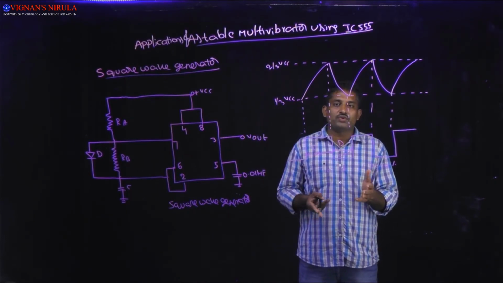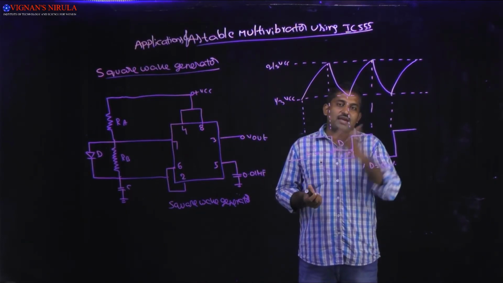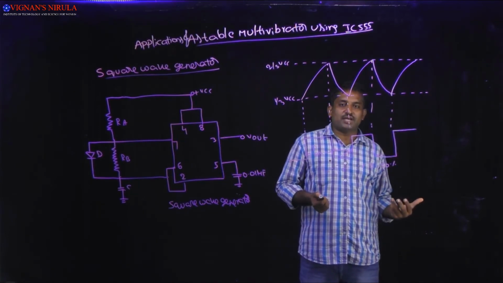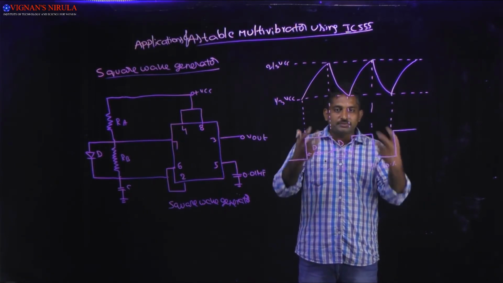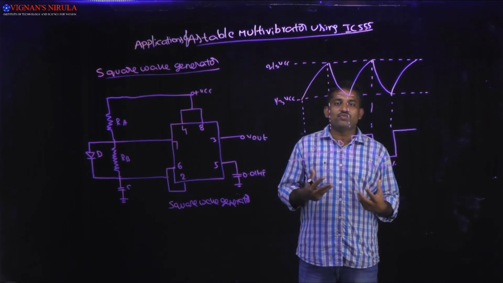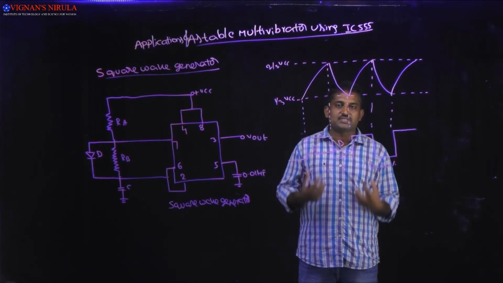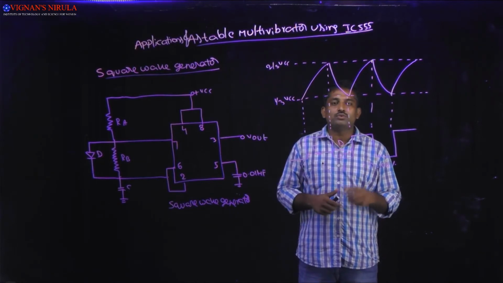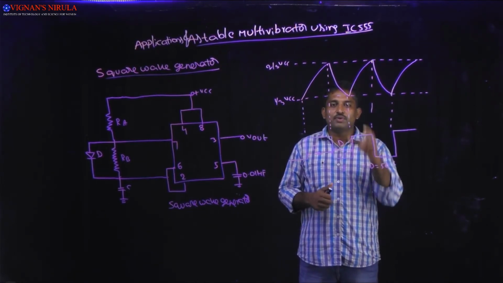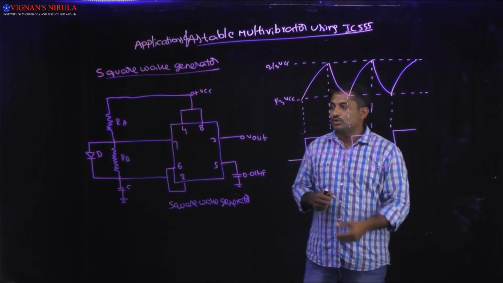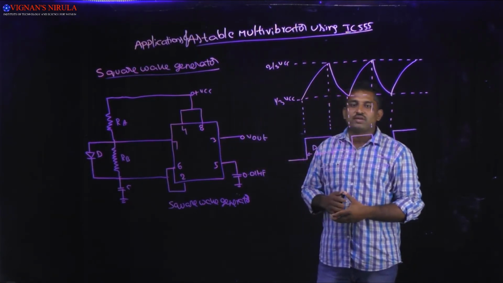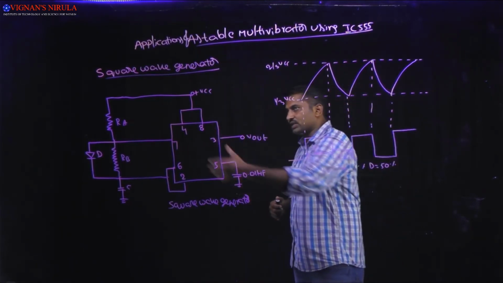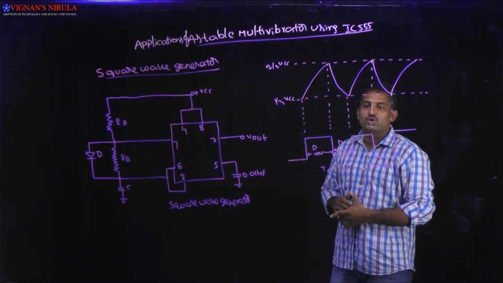To obtain the symmetrical waveform, that is exactly 50% duty cycle, you have to modify the astable multivibrator circuit. So here this is the modified astable multivibrator circuit for the generation of square wave.